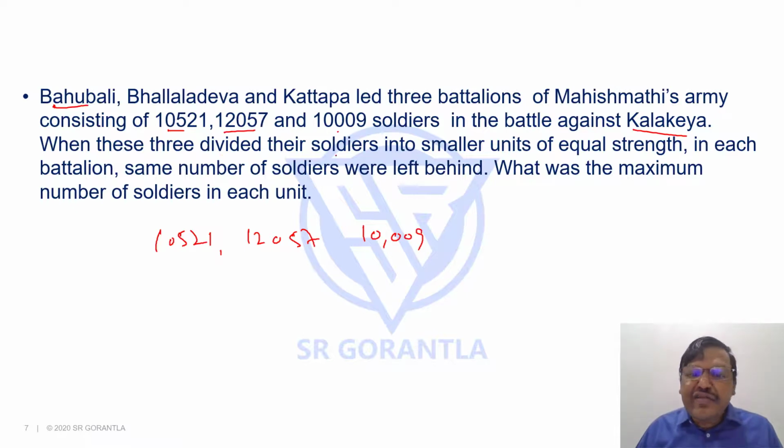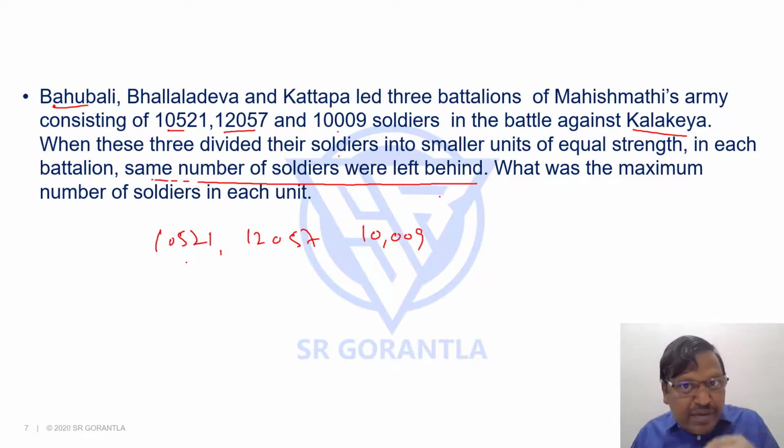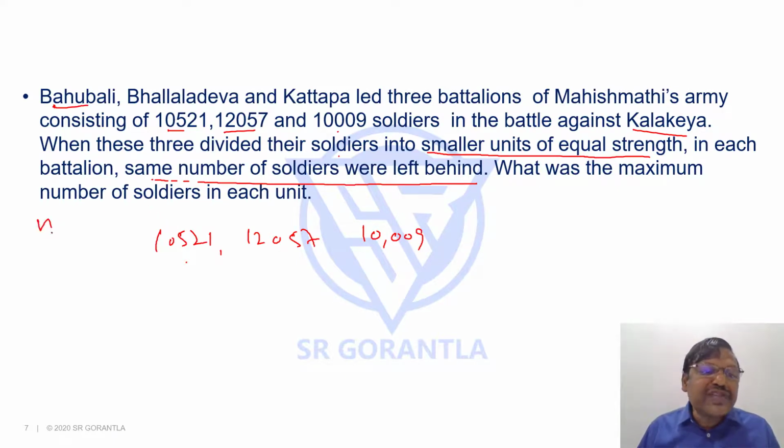Now when these three divide their soldiers into smaller units of equal strength, in each battalion the same number of soldiers were left behind. What do you mean by same number of soldiers were left behind? Suppose they are dividing into smaller units of equal strength, let us say each of these battalions is divided into small units of n soldiers.